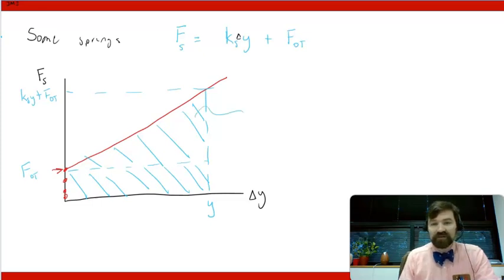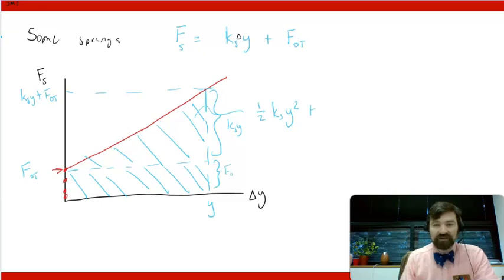So this right here would have a value of 1/2 times ks times y squared. Okay, so y is this distance, ks, this right here, this is your ks times y, and then this part right here would be your F internal tension.